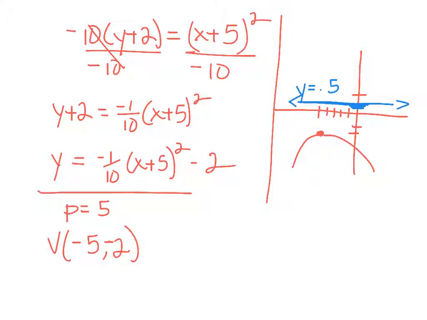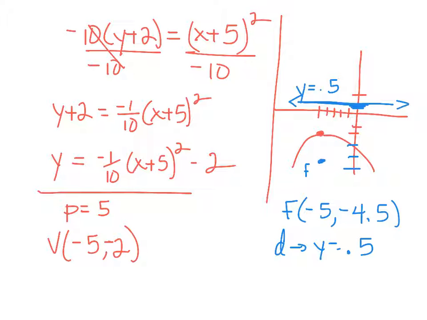And then if I go down 2.5, that means my focus will be right there. And that focus is at -5, comma, -4.5. Okay, and then the directrix is at y equals 0.5. And that is what they wanted.